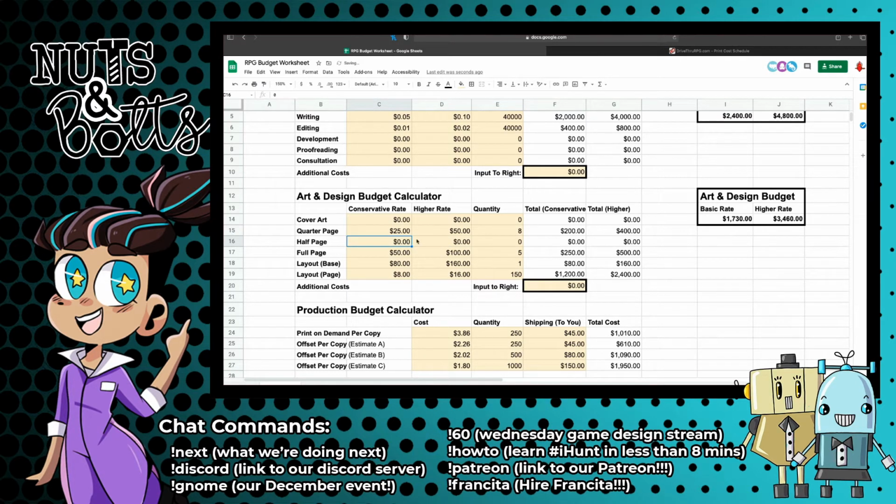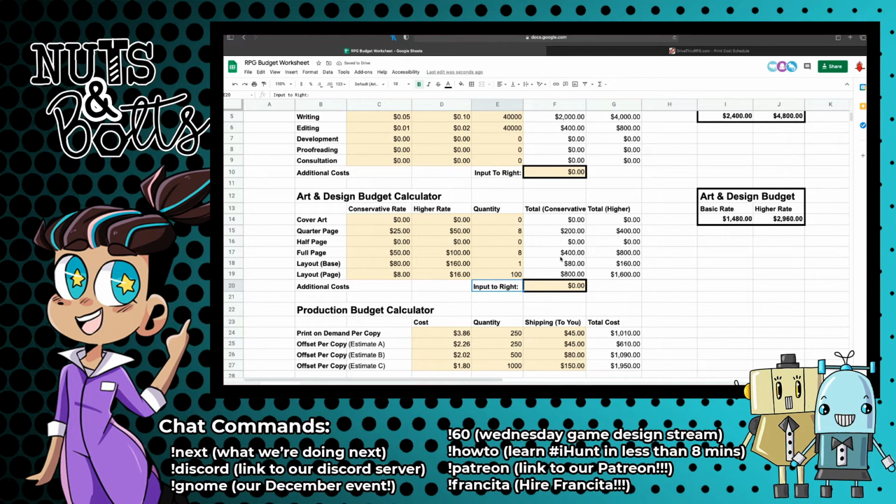Half pages, we have 0. Full pages are $50 each, and we have 8 of them. Layout is going to be the base rate plus about 100 pages.